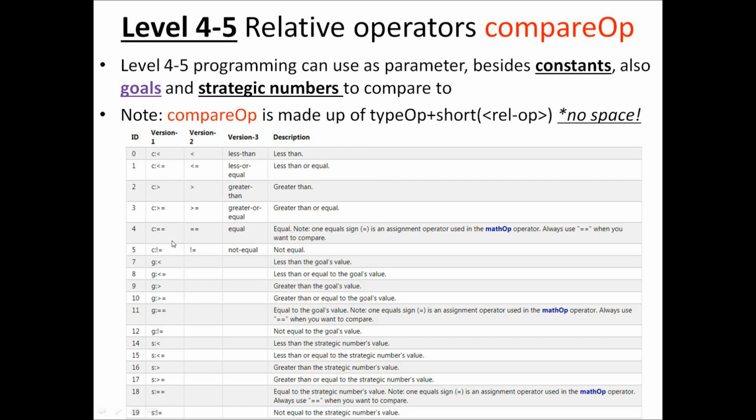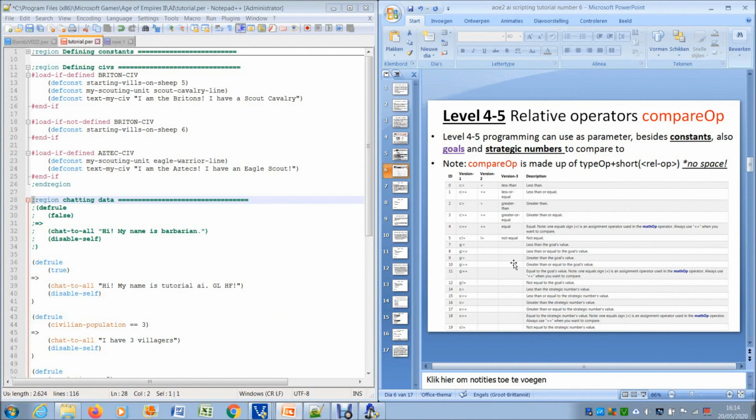Here you get all the relative operators when using constants, here you get all the relative operators when using goals, and here you get all the relative operators when using strategic numbers. Don't worry about the level 4 and 5 theory I have just given. In future videos we will work out different examples based on this, but I wanted to go through the theory as we have used certain elements in certain cases.